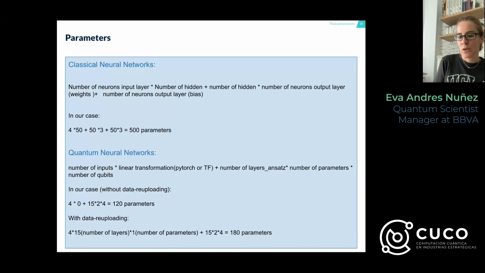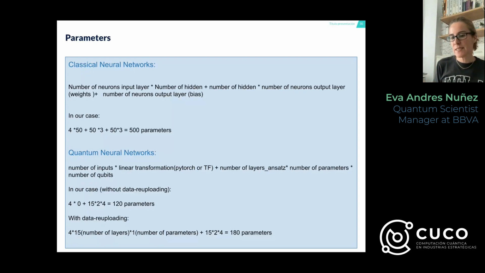ansatz and encoding layers. With data reloading you are trying to emulate the functionality of the classical neural network, in the sense that you repeat the entry to each neuron in the hidden layer. But due to the no-cloning theorem in quantum computing, you are not able to copy this circuit to the next layer.